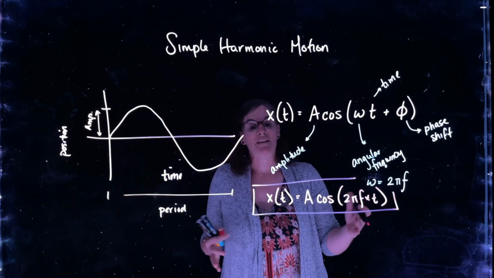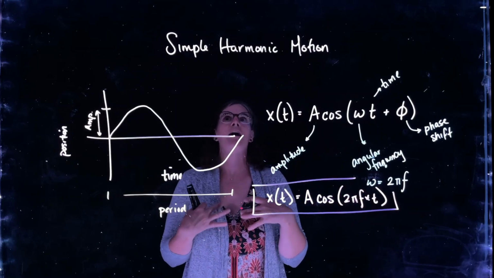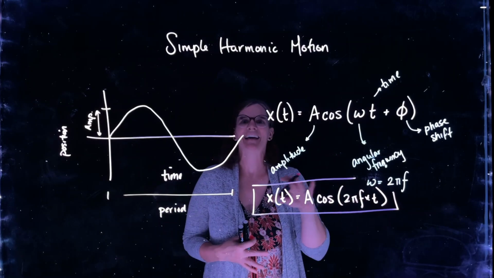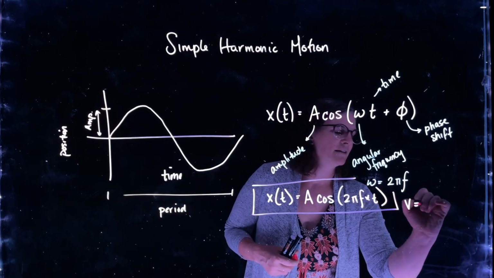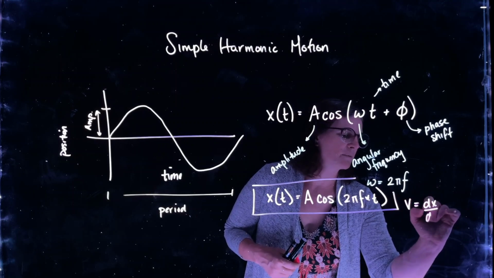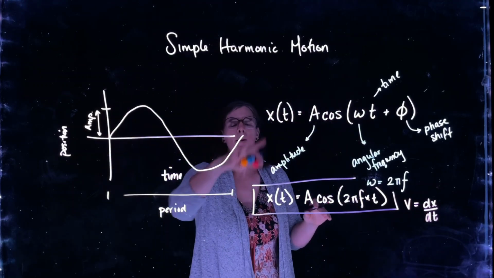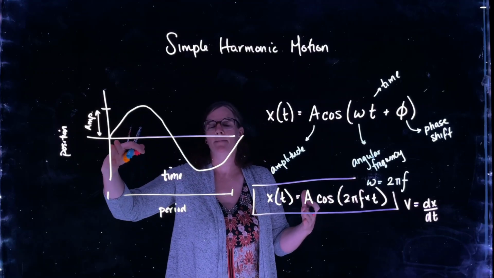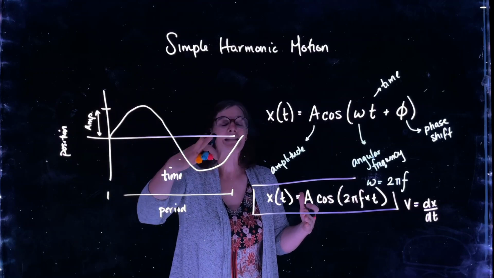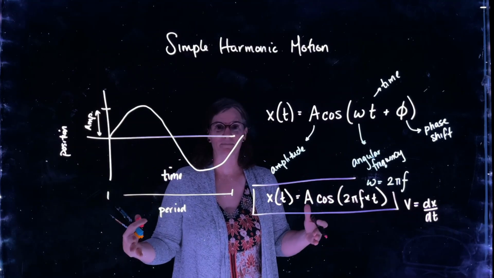Now you know that if I have position information as a function of time, I can get velocity information as a function of time, because the velocity is simply the derivative of our position with respect to time. So not only can I describe the position of the simple harmonic motion, but I can also describe how fast that object is moving at any point in time.